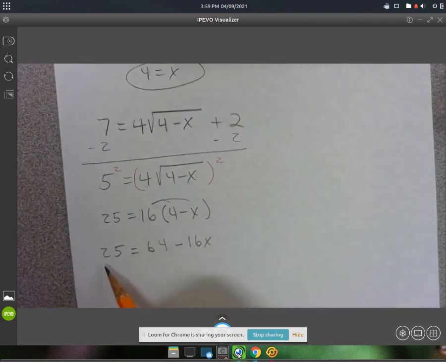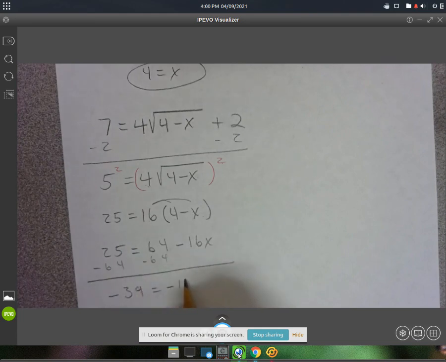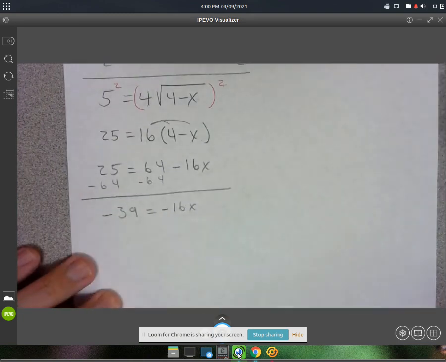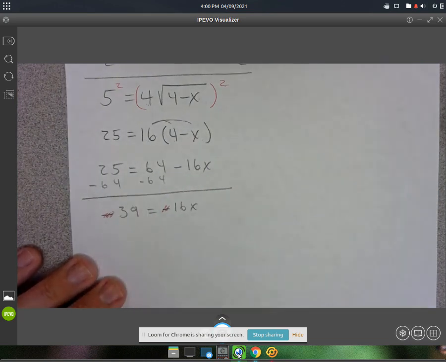Subtract 64. If you want to, you could subtract 64 from both sides. Okay. That's going to give me negative 39 on the left-hand side and negative 16x on the right-hand side. Of course, the negatives don't matter because you have 2 negatives there.